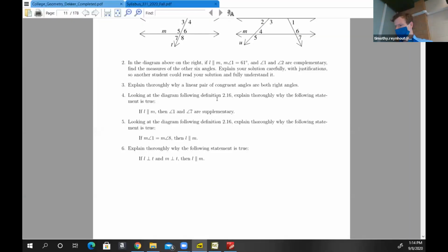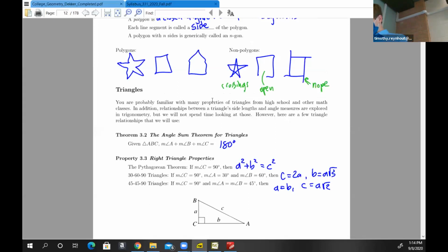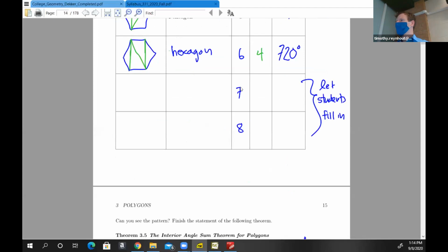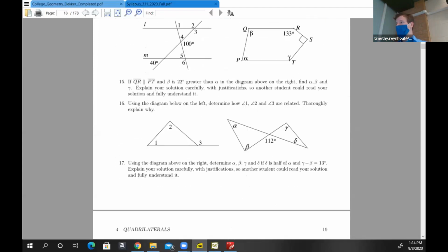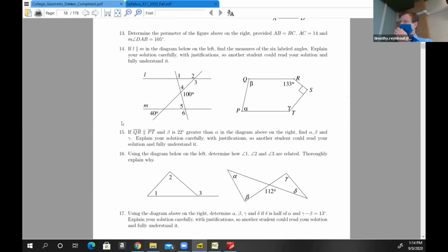So if we go back to the section 3 homework, 14, 15, and 17 rather. For 14, let me double check. Okay, excellent. For 14, we're looking at this diagram and we want to find the remaining angle measures.